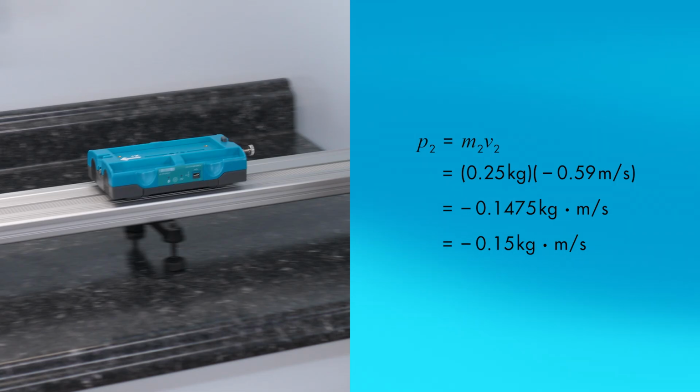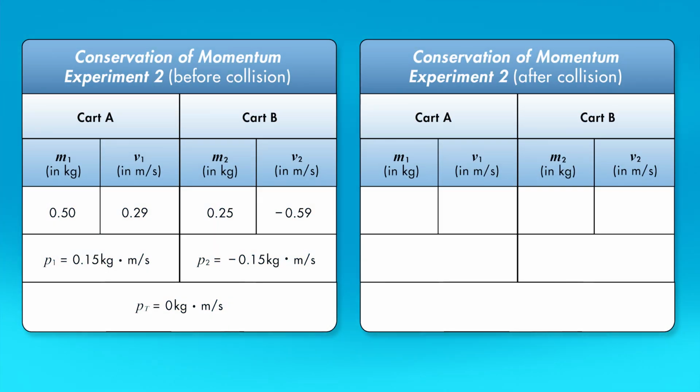Therefore, its momentum is negative 0.15 kilograms times meters per second. The total momentum of both carts before the collision is 0. Here is a summary of all the data we have collected before the collision.